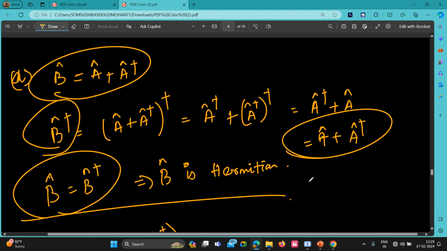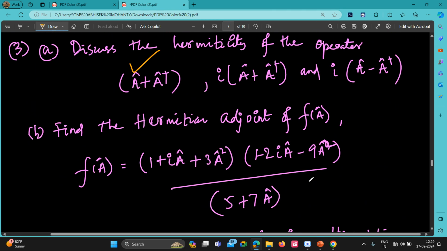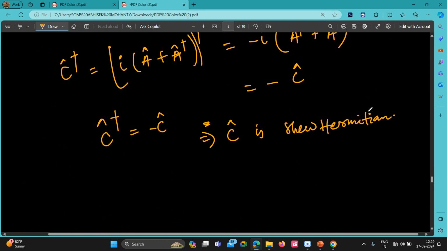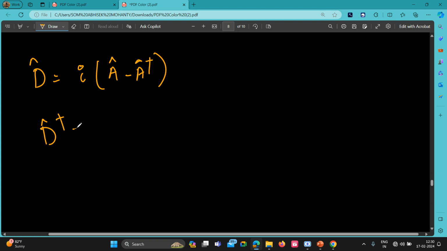Okay, what is the final one? i(A minus A dagger). Let's see this one. For example, there is another operator D, i(A cap minus A dagger). So D dagger will be how much? i(A minus A dagger) whole dagger.